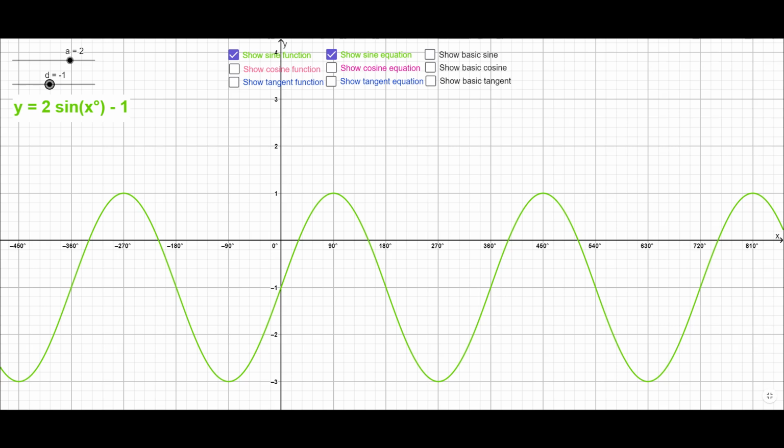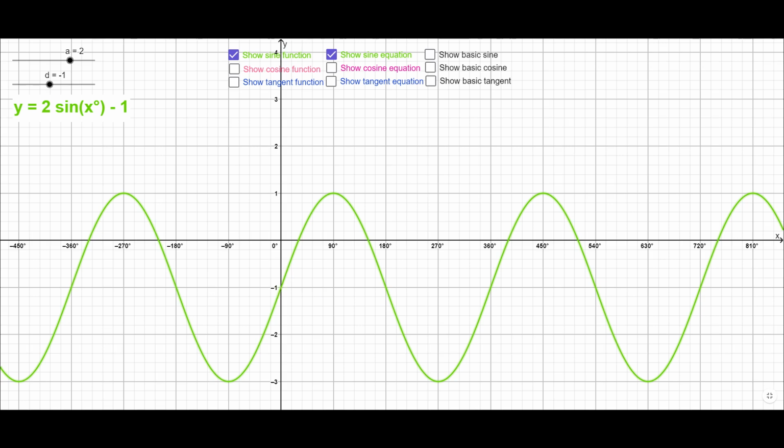But you're not going to have that in your test, unfortunately. So how would we go about figuring this out? Well, we could see immediately that it moved down because it's not at 0 anymore there, it's at -1. And also, if we look at the middle of the graph, the middle of the graph is not the x-axis anymore, then we know that it must have moved up or down. Now we can see that it moved down because of that.